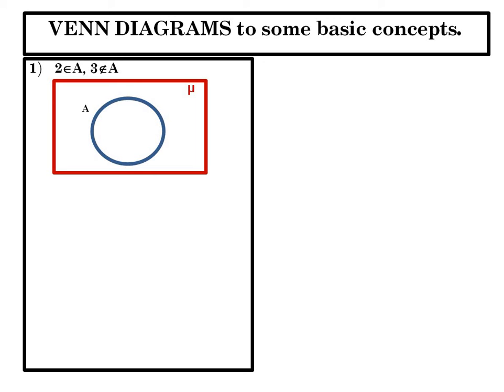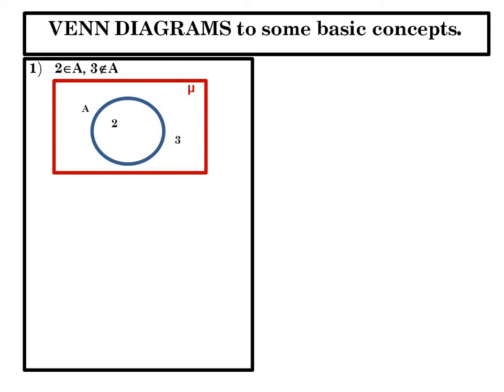Now this set has the element 2, so you write the element 2 within the circle. Next, as 3 does not belong to A, this should be written outside the circle, like this.